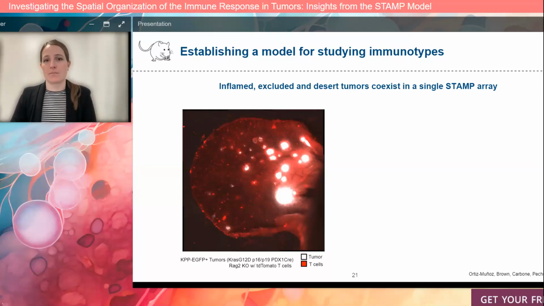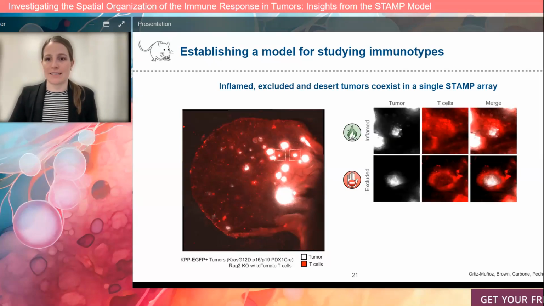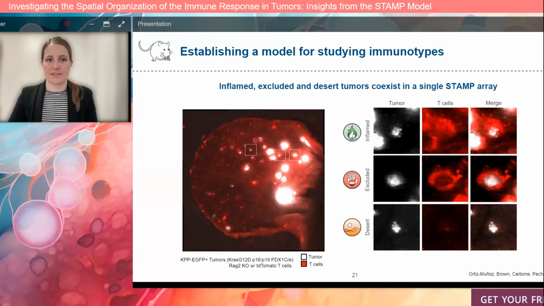And remarkably, with this model, where we have fluorescently labeled T cells shown in red, we can identify immune inflamed lesions, immune excluded lesions, and also immune desert lesions. All of these lesions can coexist in neighboring tumors within the same array.